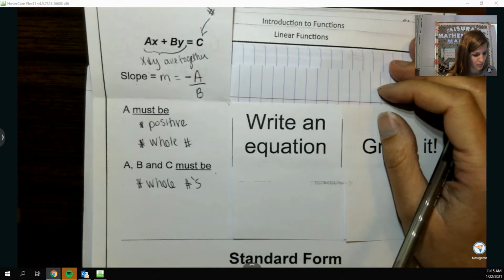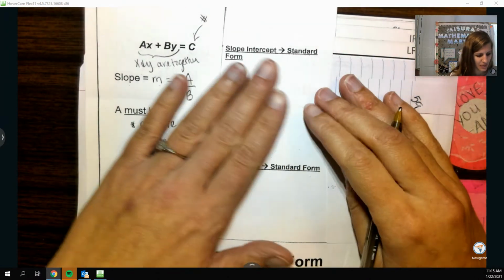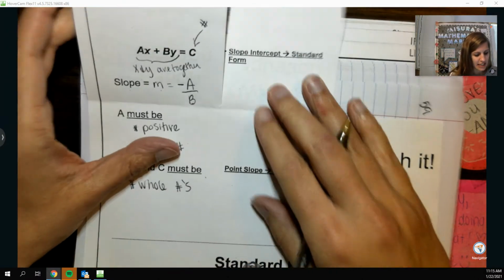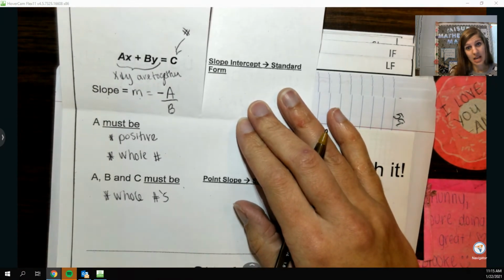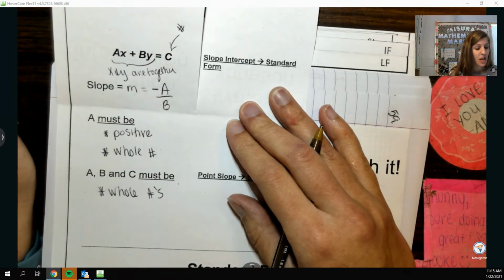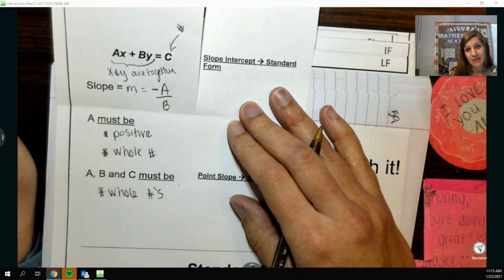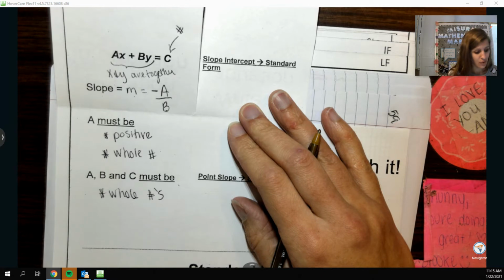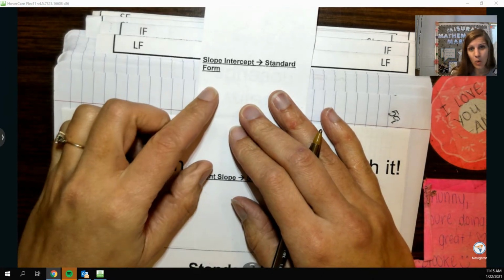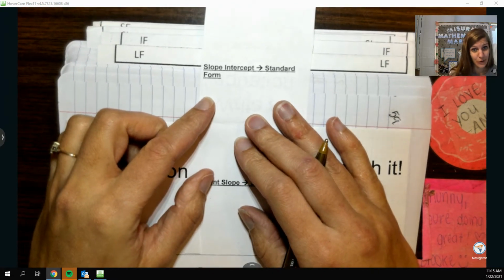or decimals. So, for instance, I might want to write something in standard form, but unfortunately, I can never automatically put something into standard form. I'm always going to have to change it from another form.